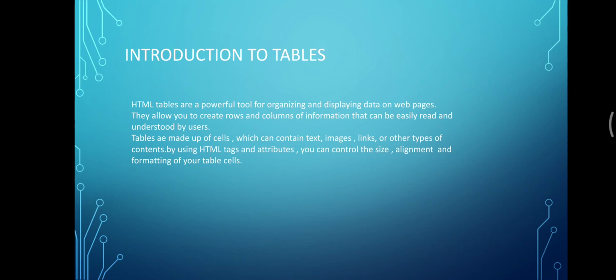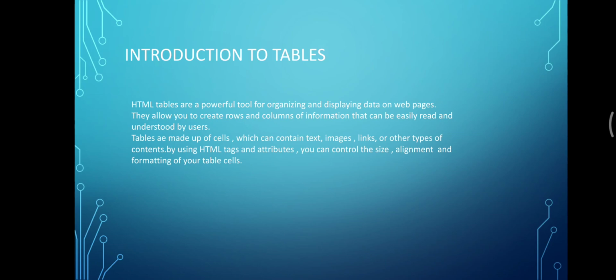As I said, whatever you need on the front end or whatever should be displayed on the user end can be done using HTML. And mainly today we are focusing on HTML tables. A table will contain rows, columns, table headers, and the information in those tables and table headers.